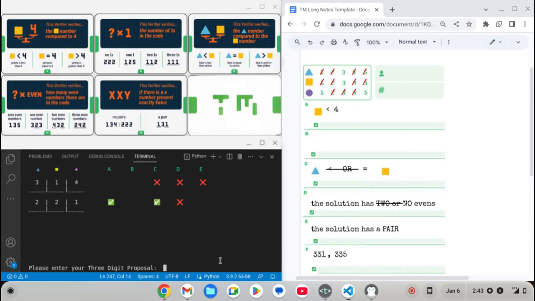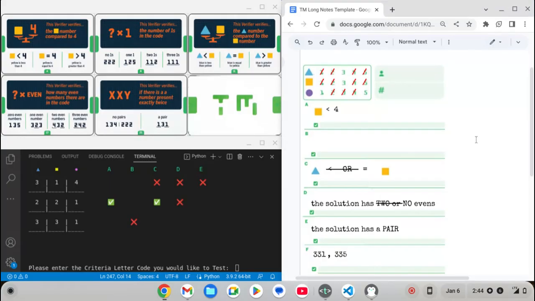And we're just going to have to do a quick third round proposal. I'm going to say 331. So, yeah, 331. And so let's go ahead and test B. And no, it does not like the fact that there is a single 1.